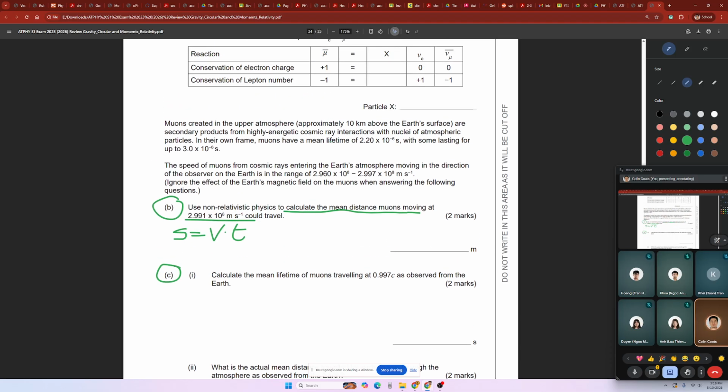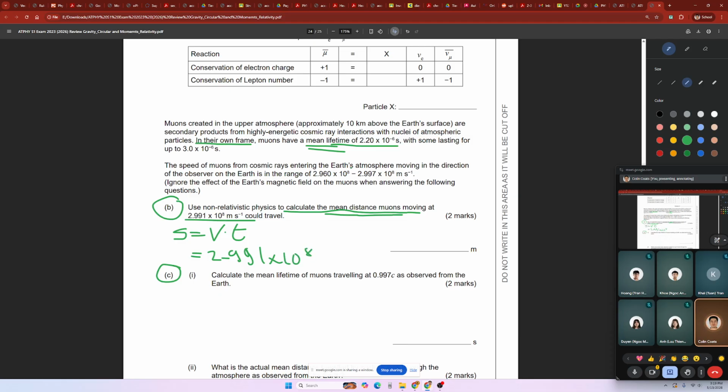Well, we read up here, muons are created in the upper atmosphere, blah, blah, blah. High energy in their own time frame. Muons have a mean life of this many seconds. We want the mean distance. So mean distance means mean lifetime. All right. Let's do this then. So that's it. V is this one.